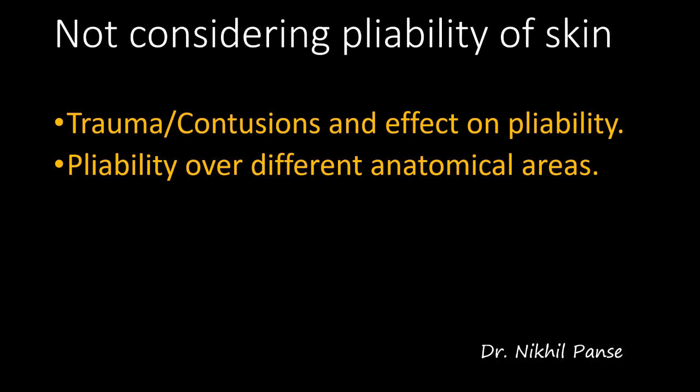So typically over the scalp we need to plan larger flaps as compared to those over upper or lower extremities. So pliability over different anatomical areas, based on gender, based on the trauma or contusions or hematomas in the underlying tissue, and based on the anatomical properties of that area must always be considered.